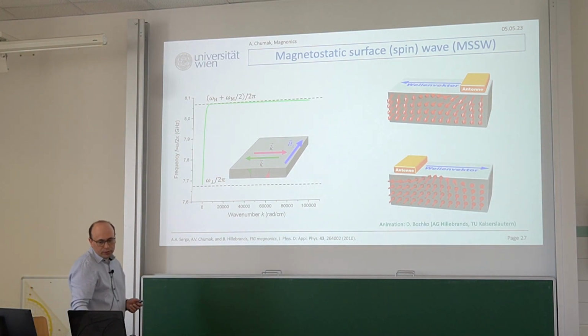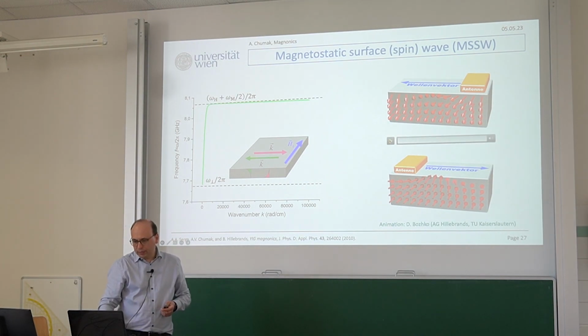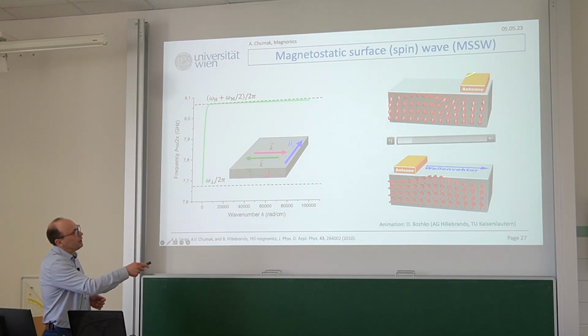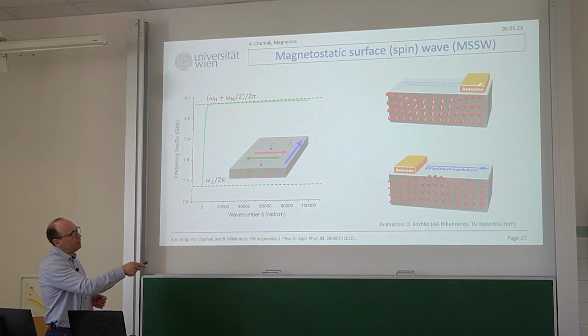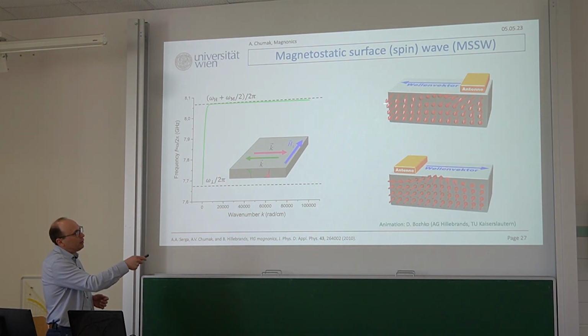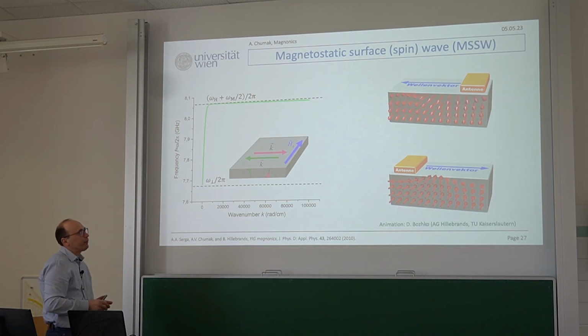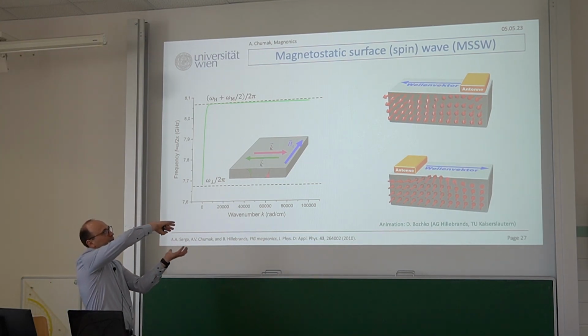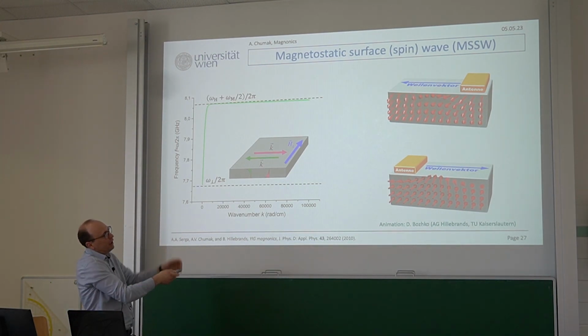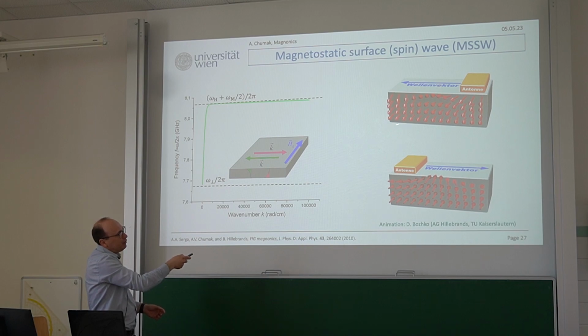And here it's shown in this animation. That's how it works: if you have an antenna on top of the film, then the wave propagates towards the left. If you would take the same picture and just turn it upside down, you would see that the antenna stays here and the wave runs in the opposite direction. So here it runs like this and like this.